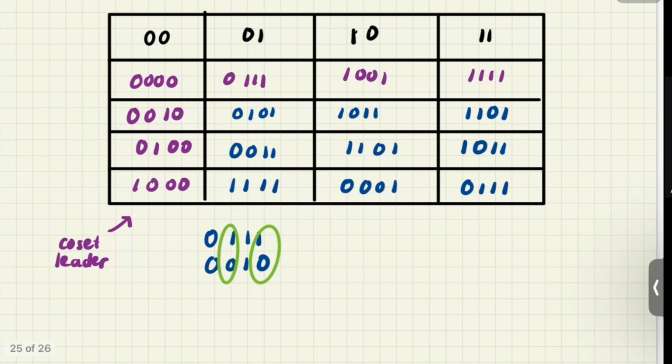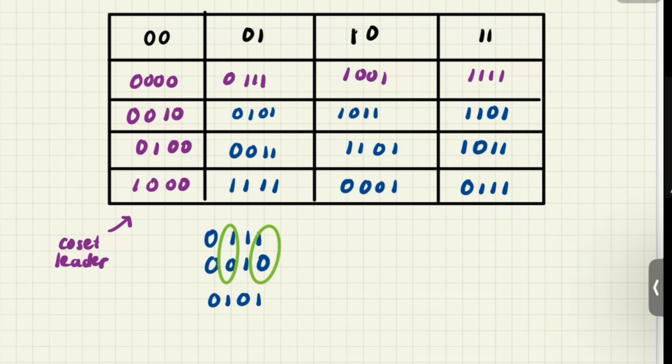So it becomes 0101. When it is the same, it gives you 0.